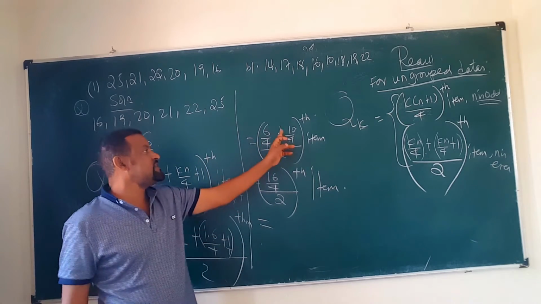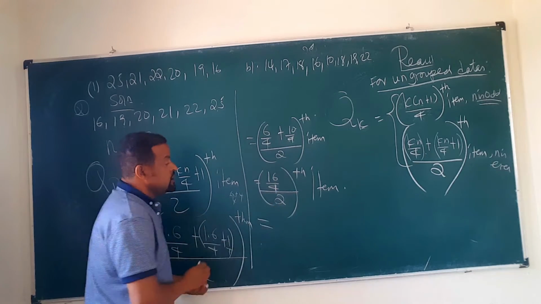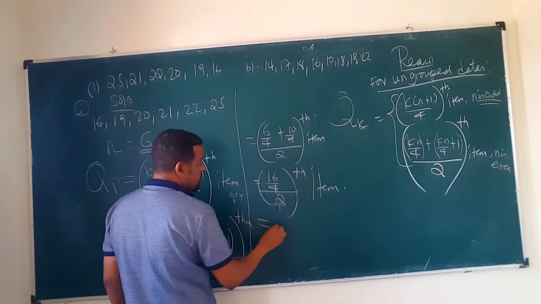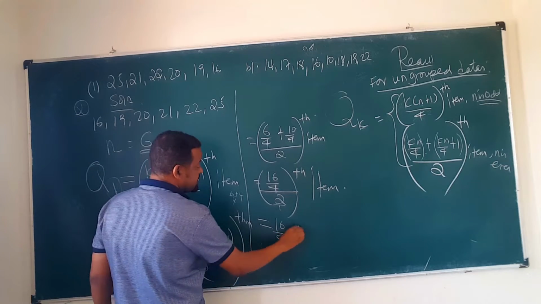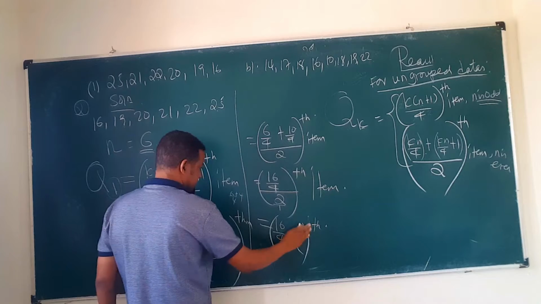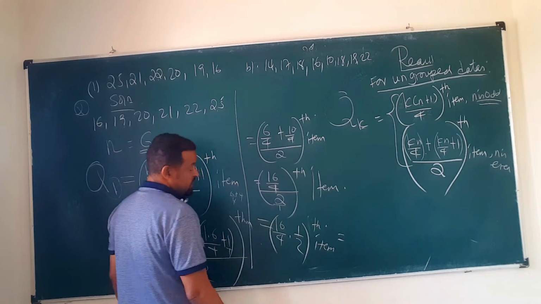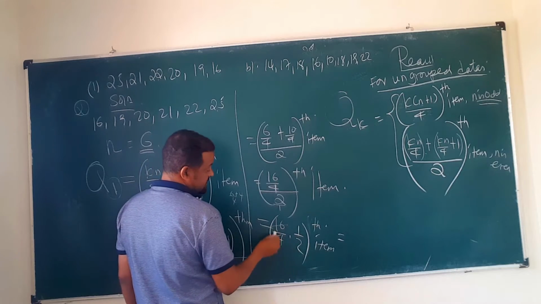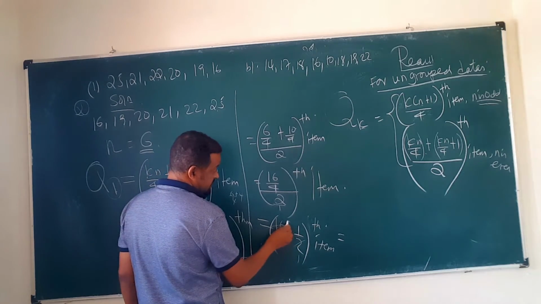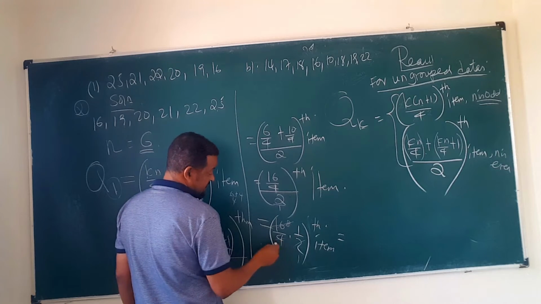ስለዚህ 6 አራተኛ ሲደመር 1 ማለት 16 አራተኛ ማለት ነው, the whole over 2. አለ, so the whole over 2, reciprocal እናደርጋለን, 1 over 2 ይሆናል. 16 over 4 times 1 over 2 ይሆንና, that is this item. እሺ በሁለት ይሄ በሁለት, 8 በ8 በአራት ሁለት.